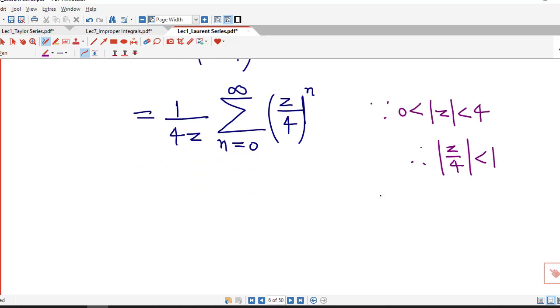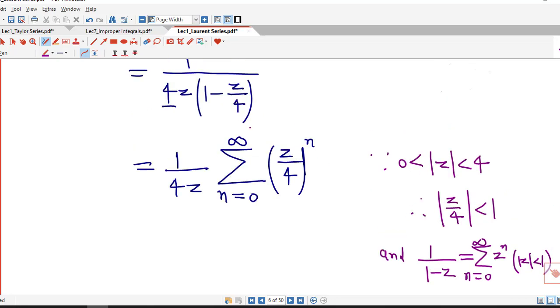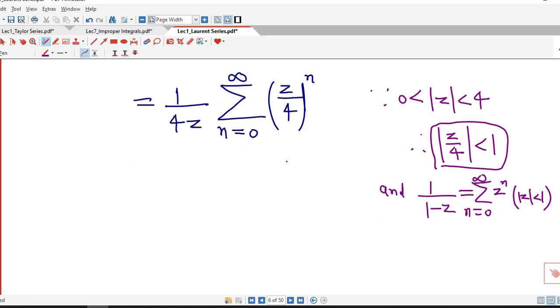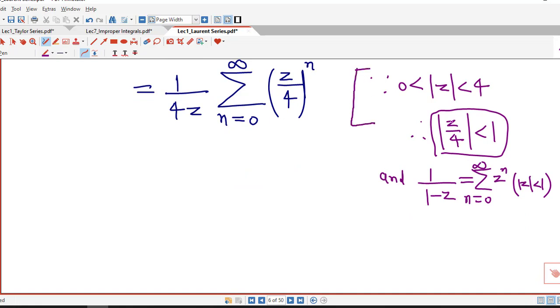Because to use that geometric series we require absolute value of z less than 1. This is valid in the open disk mod z less than 1. Now instead of z we have z by 4, so we must have absolute value of z by 4 less than 1 to use this Maclaurin series.